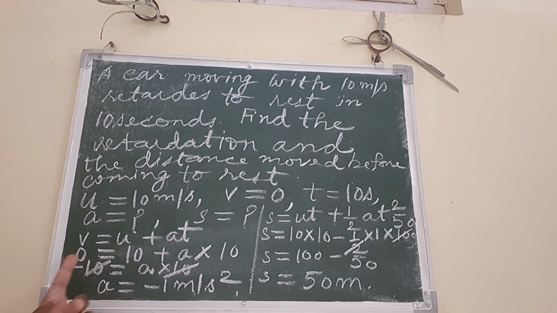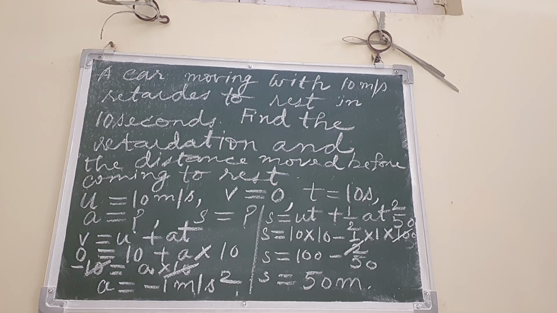So here 10 comes to the other side, so it becomes minus 10. 10 gets cancelled on either side. Here acceleration comes out to be minus 1 meter per second square. So this minus sign indicates that it is retardation. The car is having a decrease in its speed and coming to rest.